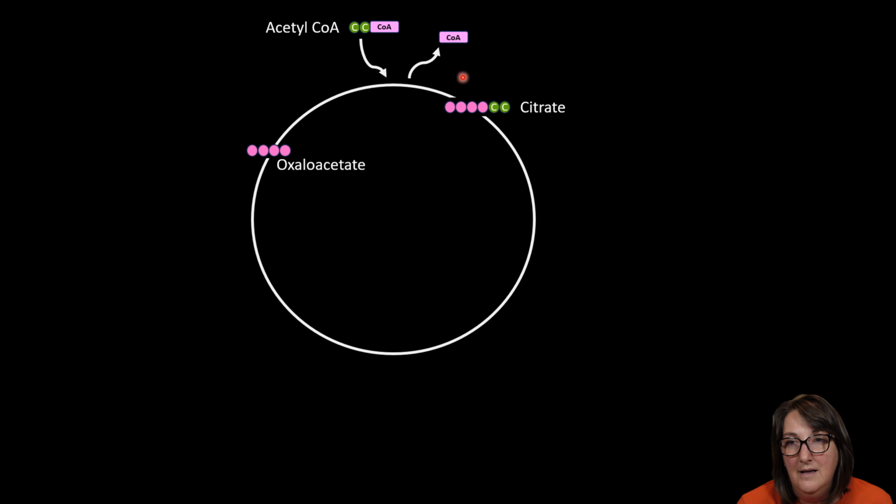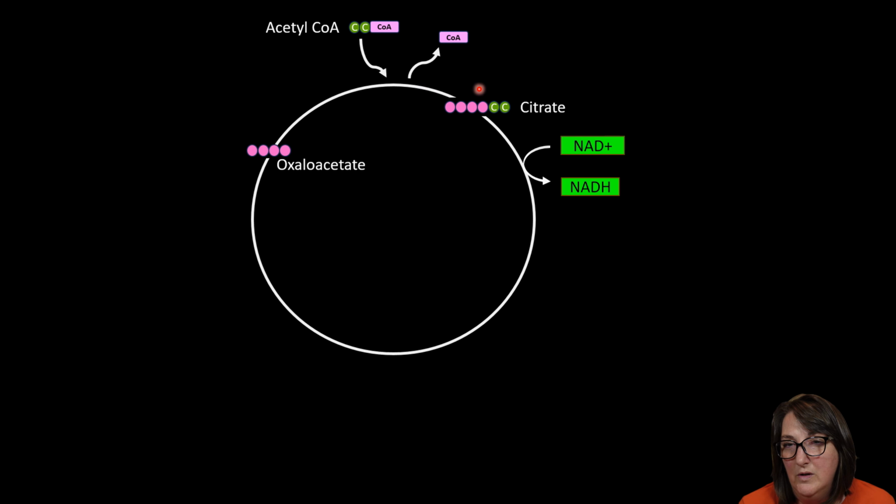The citrate is now going to get, if I'm taking off hydrogens, I'm losing hydrogens. Am I being oxidized or am I being reduced? Leo the lion says grr. So I'm going to oxidize the citrate because I'm going to lose electrons.